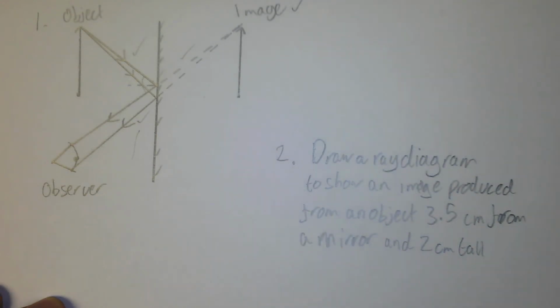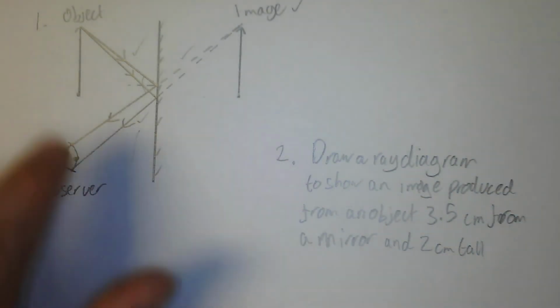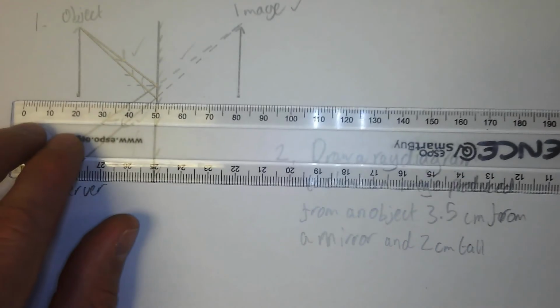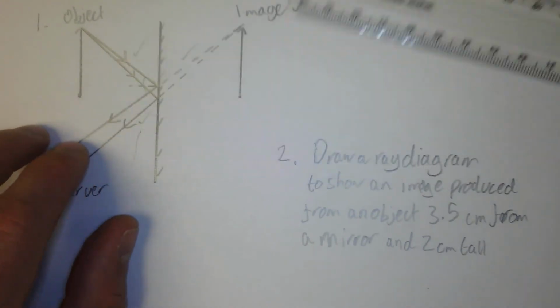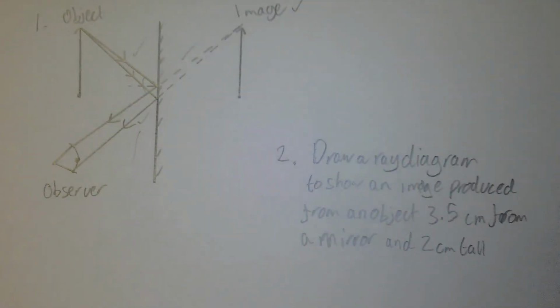Okay, so you're going to do another one with those measurements. So you're going to draw the object 3.5 centimetres rather than 3 from the mirror, and 2 centimetres tall rather than 2.5 centimetres tall, and see if you can do the same thing.